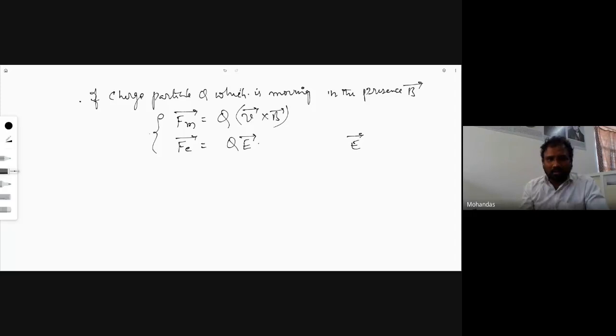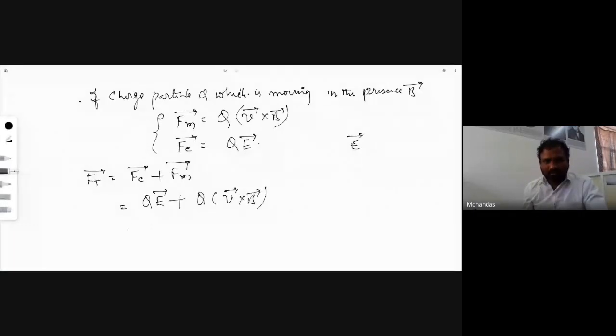The total force is equal to the sum of the electric force plus the magnetic force. The electric force is Q into E, and the magnetic force is Q into V cross B. If you take Q as common, finally you can write E plus V cross B.